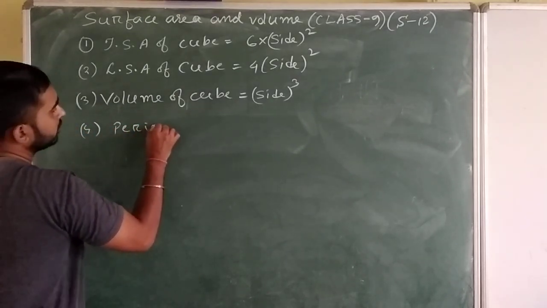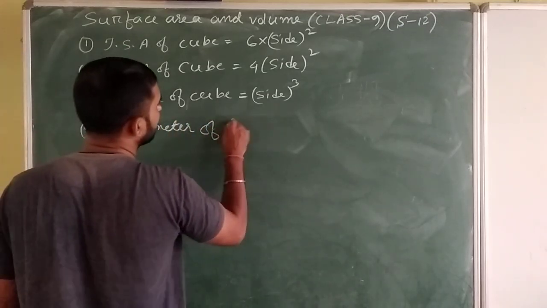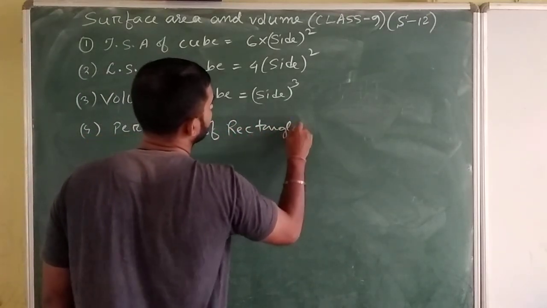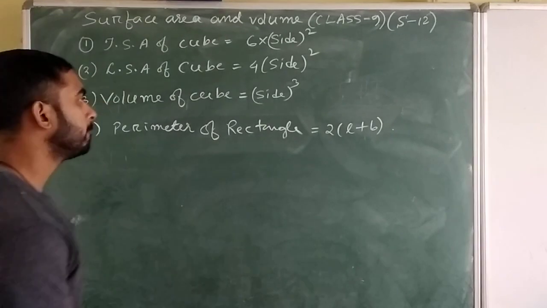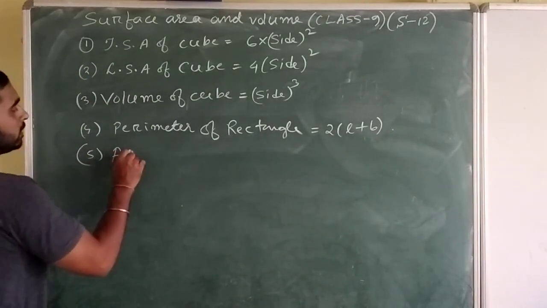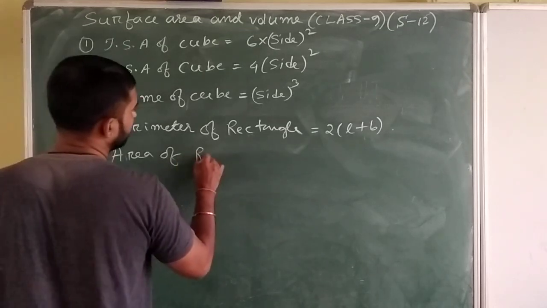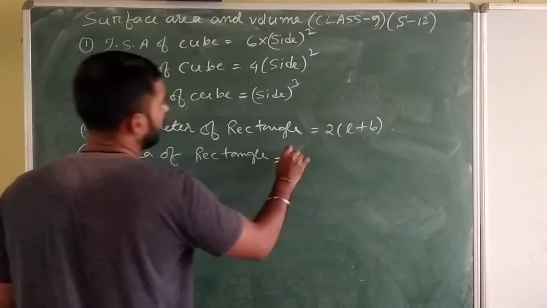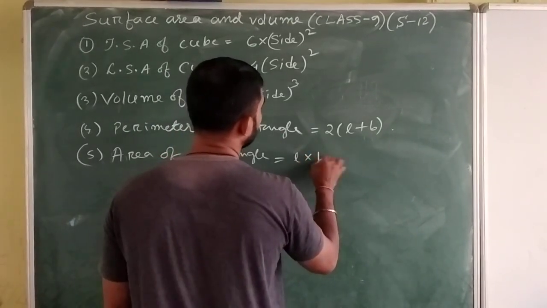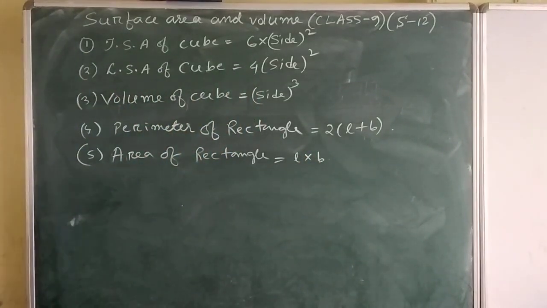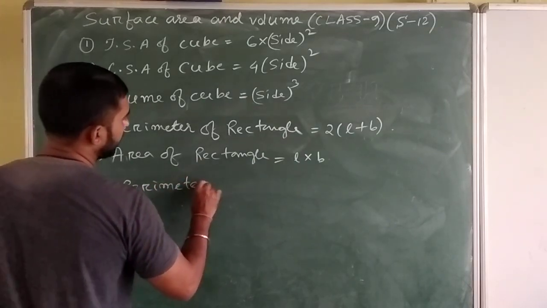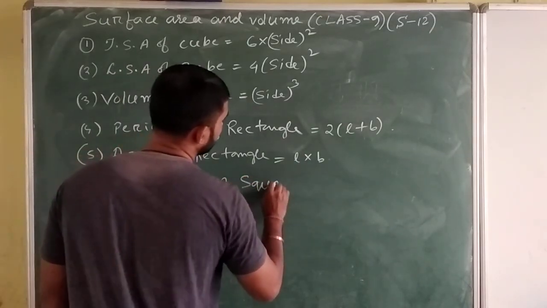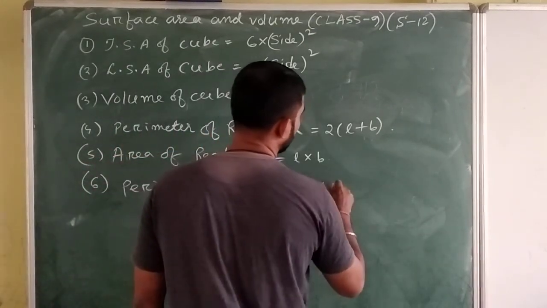Perimeter of rectangle is equal to 2 into L plus B. The next, area of rectangle, that is L into B. Then perimeter of square equals 4 into side.